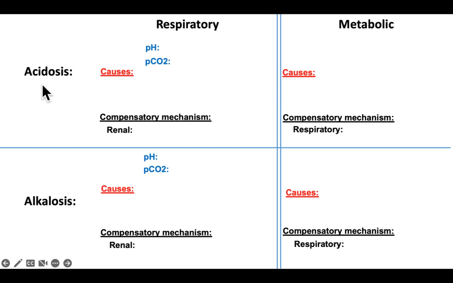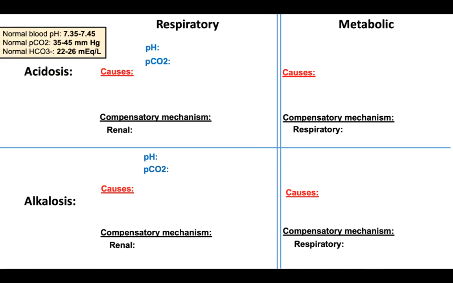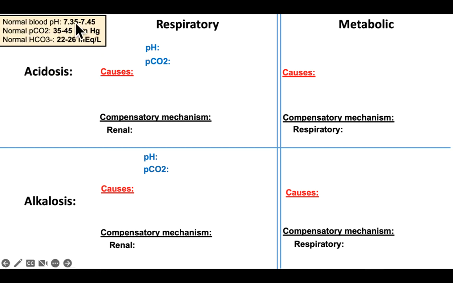We're looking at the acidosis on the top row, alkalosis on the bottom row, respiratory is the first column, metabolic is the second column. So we first have to know some normal ranges: blood pH, carbon dioxide levels, and bicarbonate. Given some numbers, can we diagnose the patient?